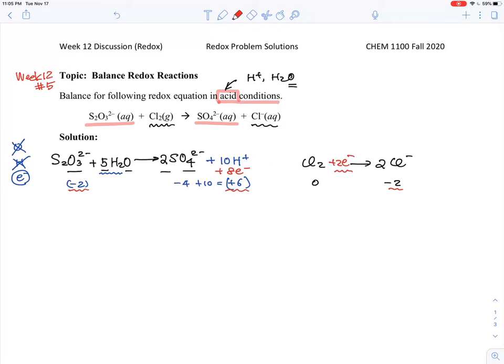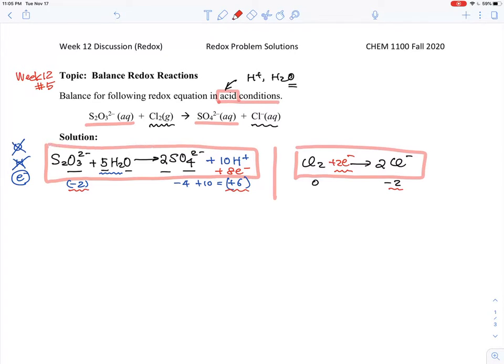So this is one equation, and that's the other equation that you have up there. Then I need to cancel the electrons out on both sides.